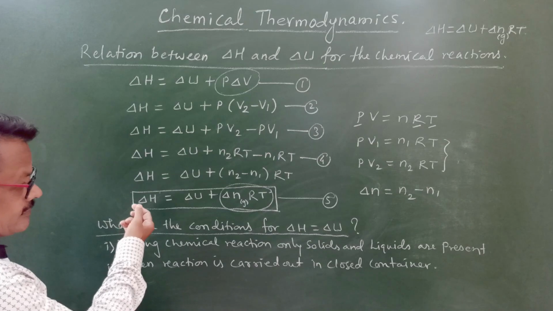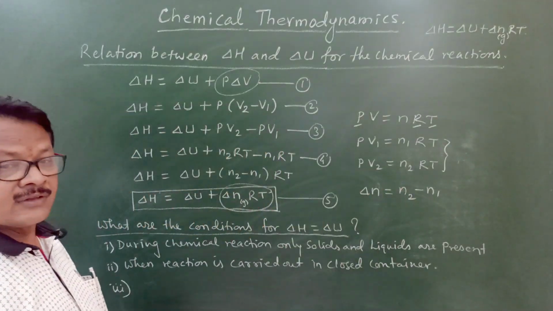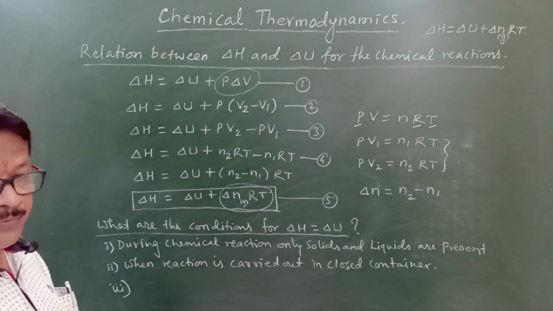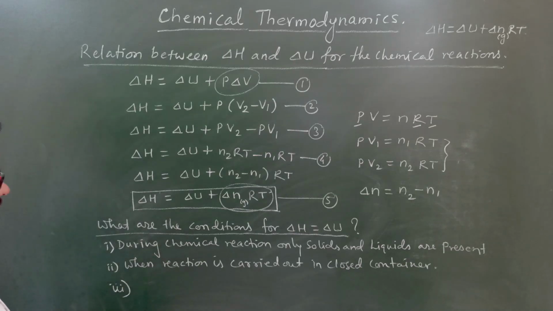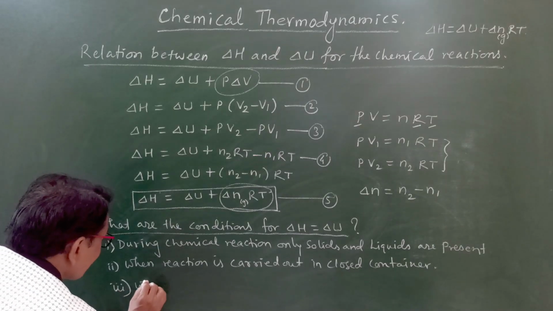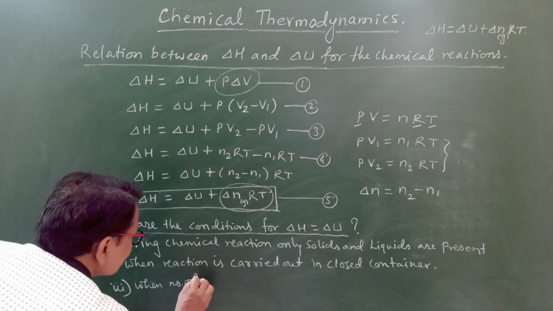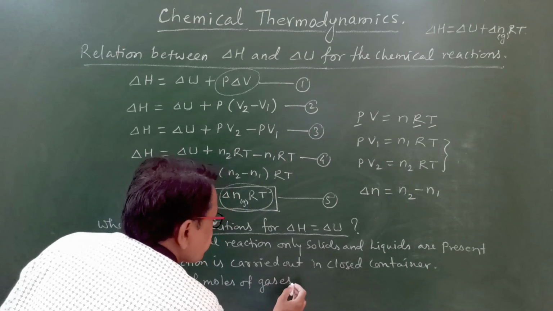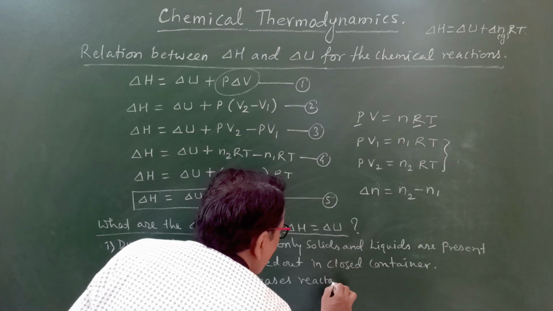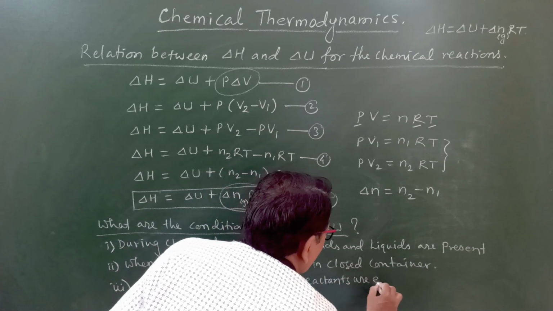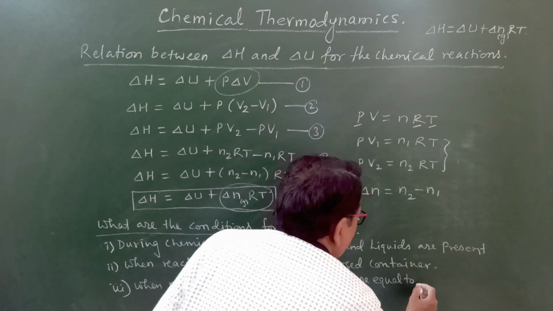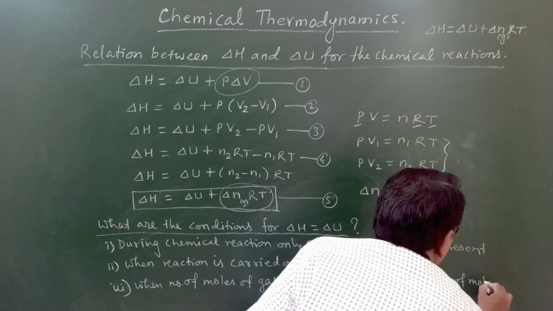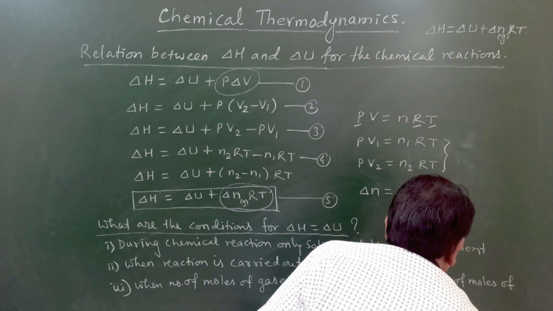When the number of moles of reactants is equal to the number of moles of products. Then the change in number of moles will be equal to 0, and this whole term will be 0, and then only delta H is equal to delta U. So, what we can write as the third condition: when the number of moles of gaseous reactants is equal to the number of moles of gaseous products.